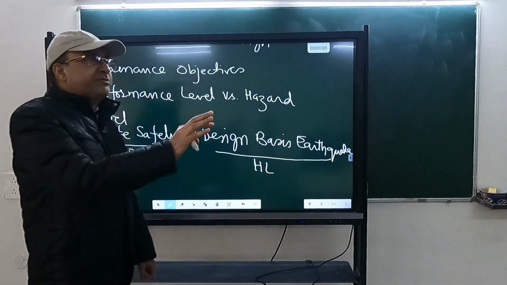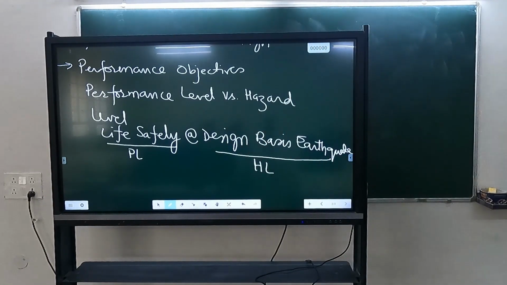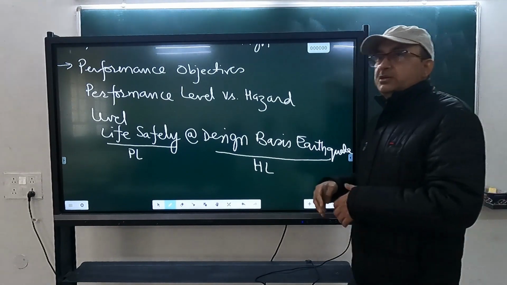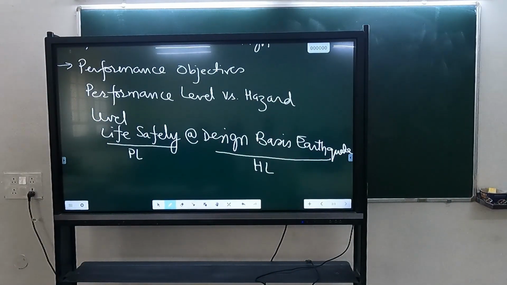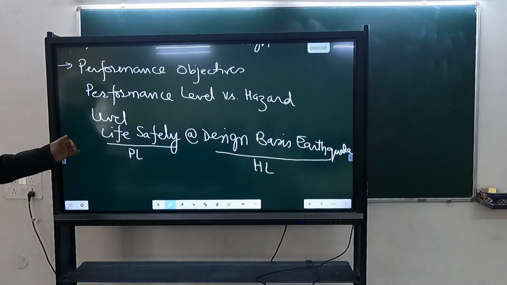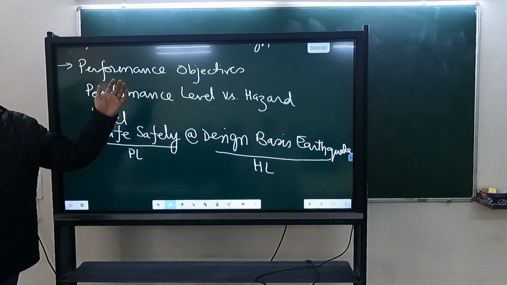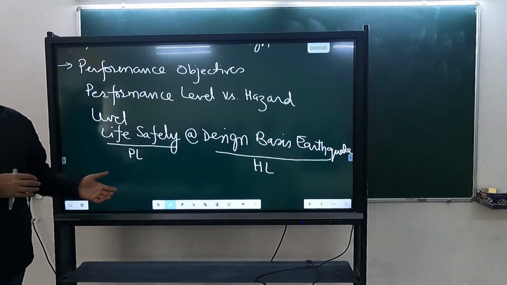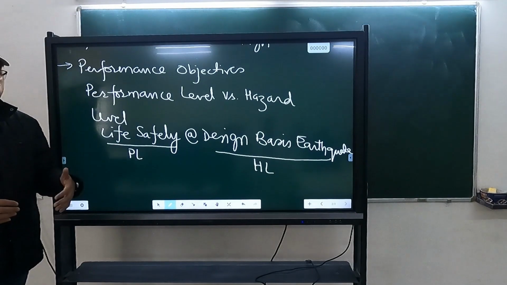So when we say this performance I want from my building, then I need to also tell at which earthquake you want that. Because any building for a smaller earthquake is going to work better, and for a larger earthquake its performance is going to be not that good. Okay, so when we are defining a performance level, we have to also define the corresponding hazard level. At what hazard you expect that? So we will talk about both of these in more detail.